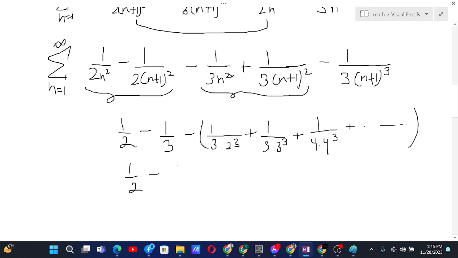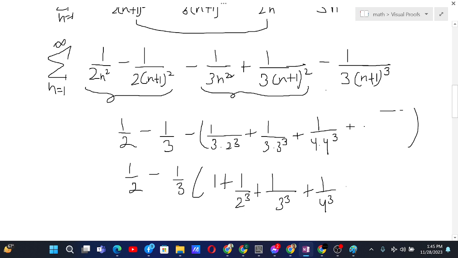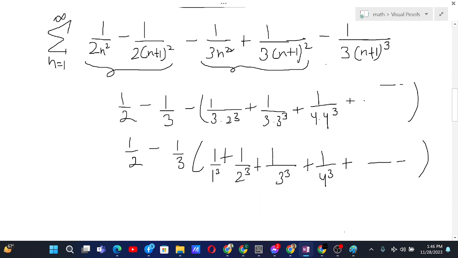So we get 1 by 2 minus 1 by 3 common. We will have 1 plus 1 by 2 cubed plus 1 by 3 cubed plus 1 by 4 cubed, and so on. Let's also make this 1 by 1 cubed. Now you probably know that this is the Riemann zeta function of 3.